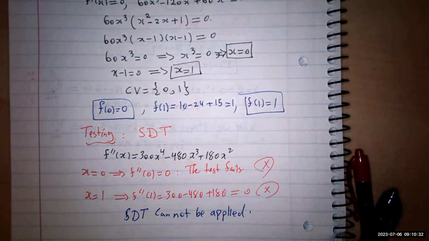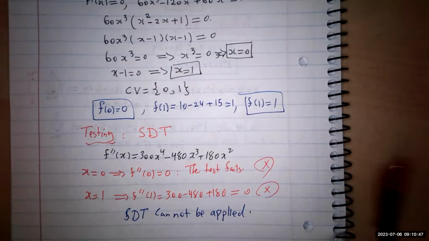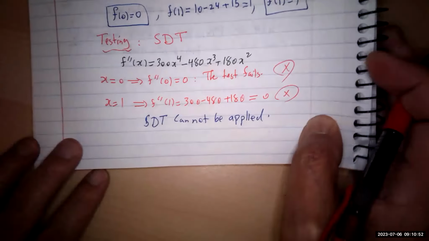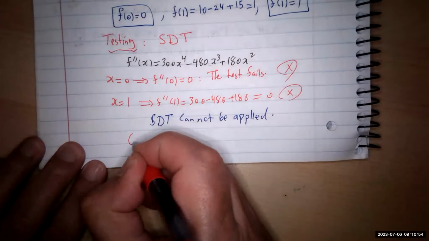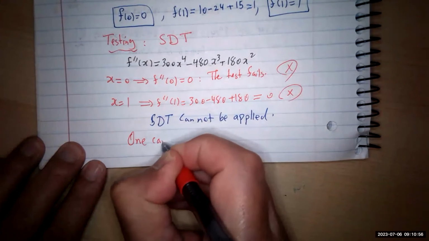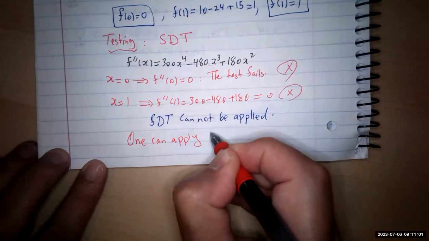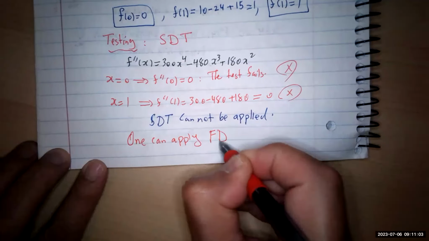But if it was you who decided to use the second derivative test, the problem is not done. This means you picked the wrong test. So what you have to do is repair it. In this case, one can or should apply the first derivative test.